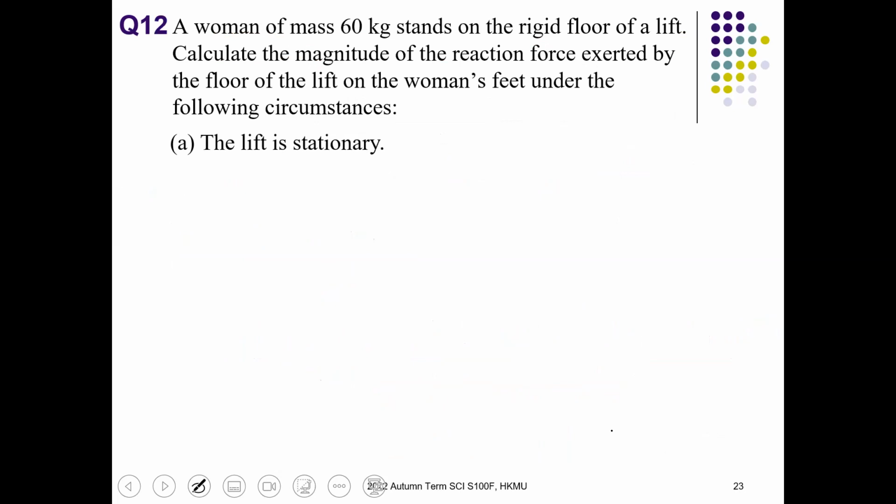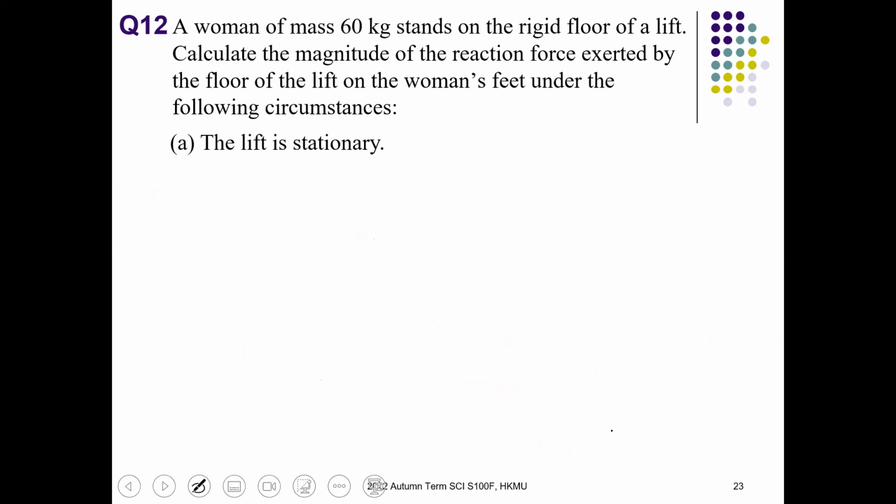In question 12, we have an example to recap what we have considered in the lecture notes. We say the man gains weight and loses weight easily when he's standing on the lift, where the lift is accelerating upwards or downwards.